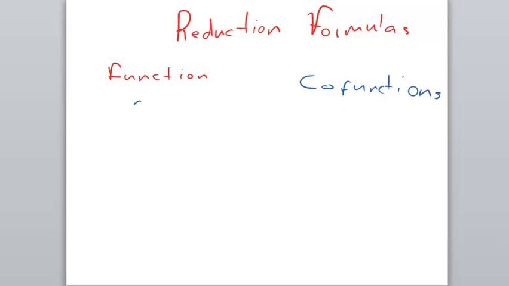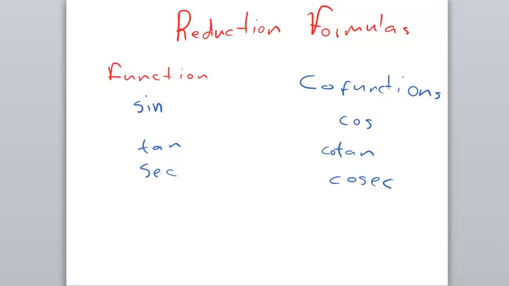In functions, if we have sin, the cofunction will be cos, if we have tan, the cofunction would be cotan, and if we have sec, the cofunction would be cosec. So what is a cofunction? Well, a cofunction is basically changing from sine to cos, from tan to cotan, and sec to cosec.